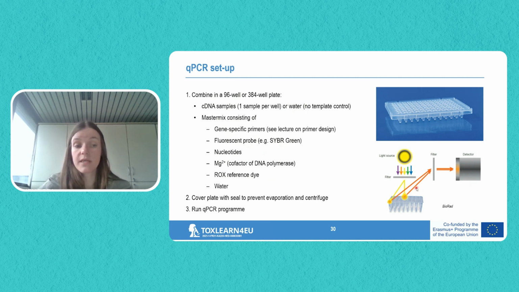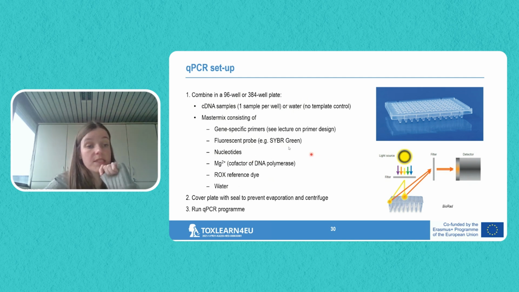And to correct for that, the ROX reference dye is used because this dye always emits the same amount of fluorescence, irrespective of the expression of your gene of interest. So then this fluorescence will also be higher for wells closer to the detector compared to wells further away from the detector, and then these values can be used to normalize the SYBR Green fluorescence.